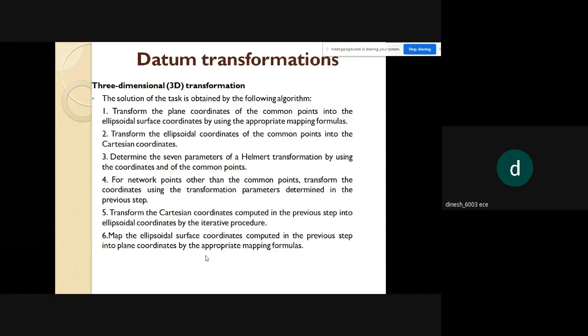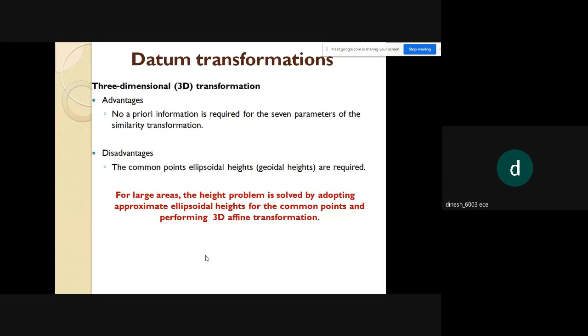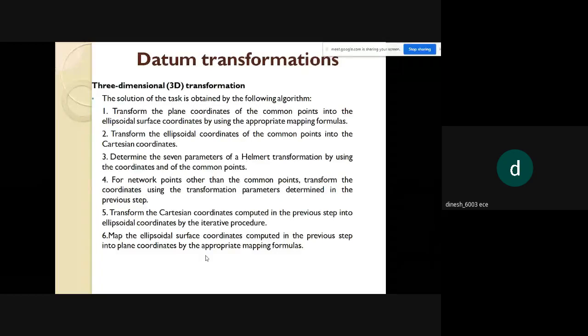Then they transform the computed Cartesian coordinates into ellipsoidal coordinates by an iterative procedure, doing it again and again. And they map the ellipsoidal surface coordinates computed in the previous step into plane coordinates using the appropriate mapping formulas. With this, we can accurately determine the position of the system.